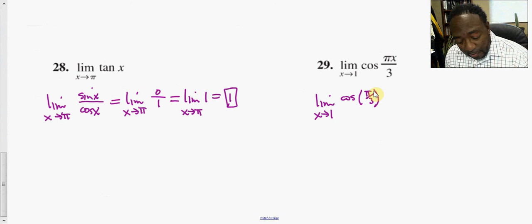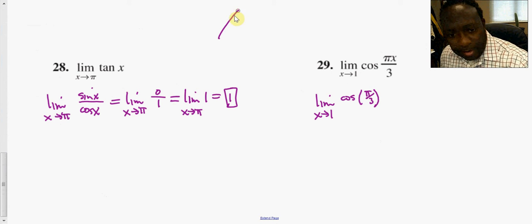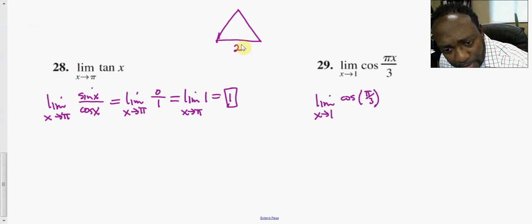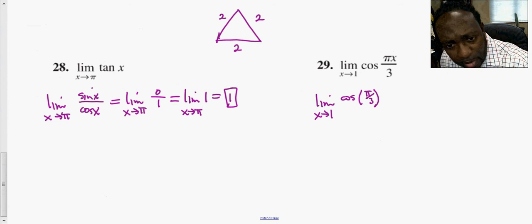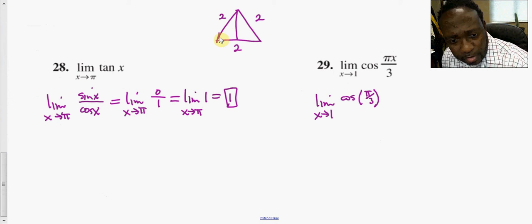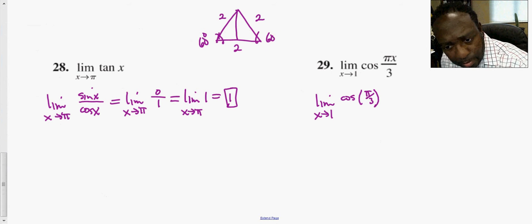Okay. Now if you're like me, and hopefully you're not, sometimes I forget all these trig values. So I take my good old equilateral triangle, label each side to be 2 because it's easy, and we bisect one of them. Now if it's an equilateral triangle, that means that we have 60 degrees for each angle. And since we bisected this angle, the one in there is going to be 30 degrees, right?